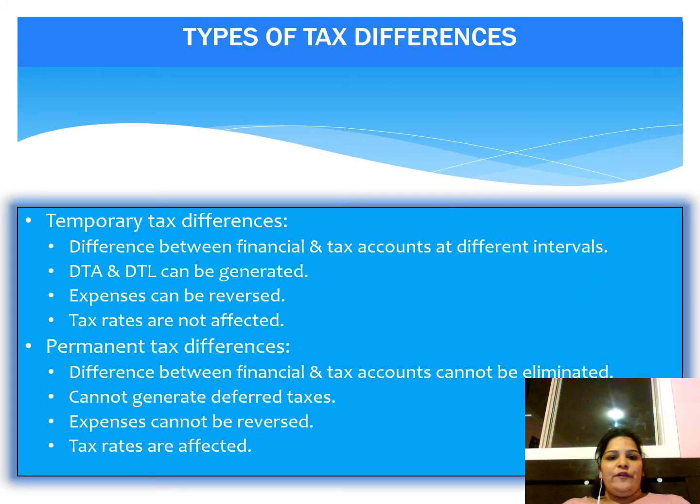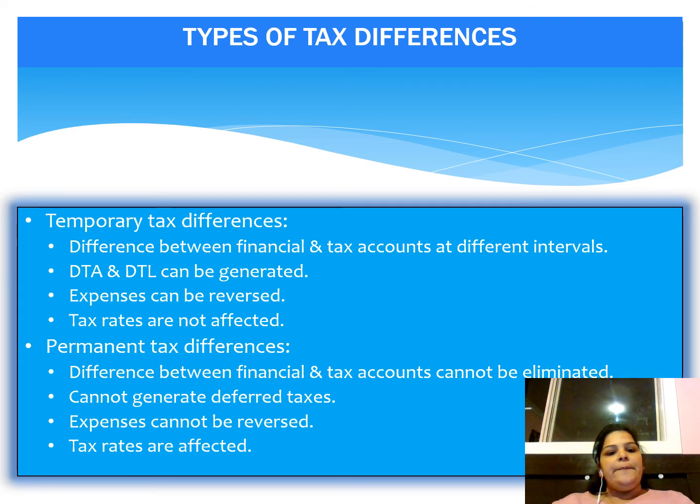Tax differences are of two types. First, temporary tax difference, which is the difference between financial and tax accounts over different years. Deferred tax assets and deferred tax liabilities can be generated, and the expense can be reversed, and the tax rate is not effective in the temporary case, because it is temporary, not a long time.